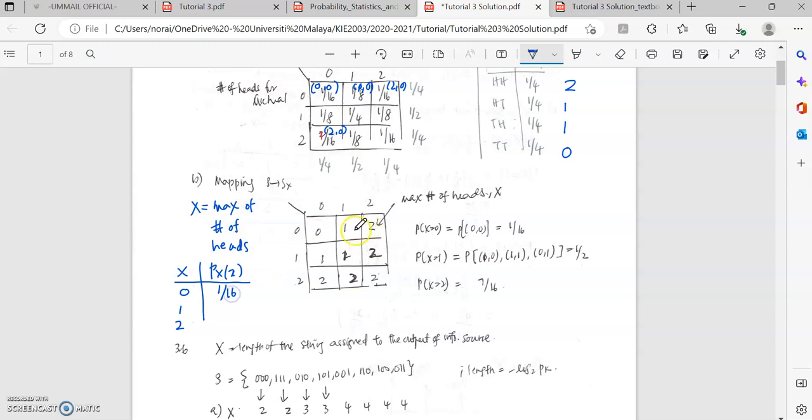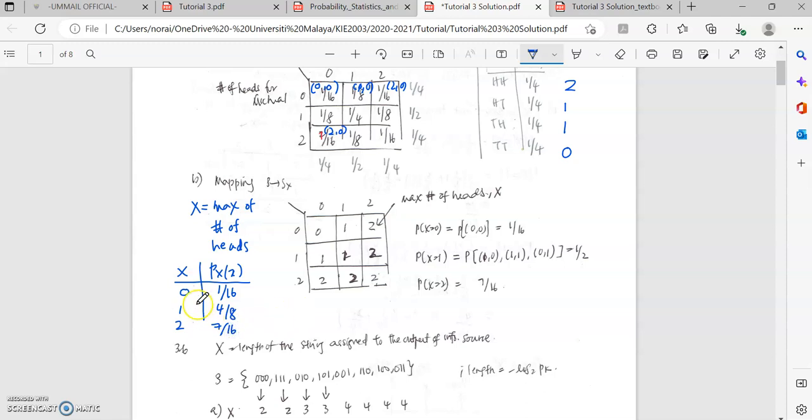For the probability of 1, you see 1, 2, 3 outcomes: 1 over 8 plus 1 over 8 plus 2 over 8, which is 4 over 8. And the last one is the outcome 2: 1 over 16 plus 1 over 8 plus 1 over 16, 1 over 8 and again 1 over 16. Adding them all up gives me 7 over 16.